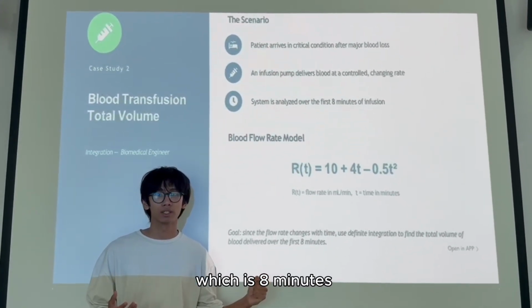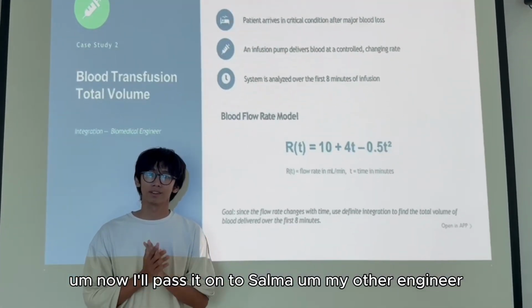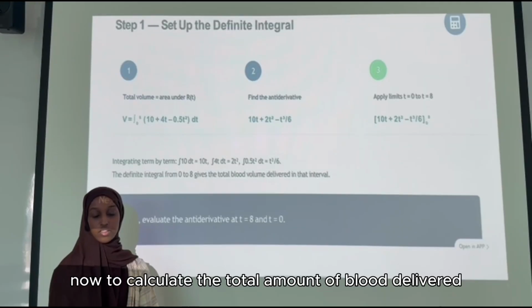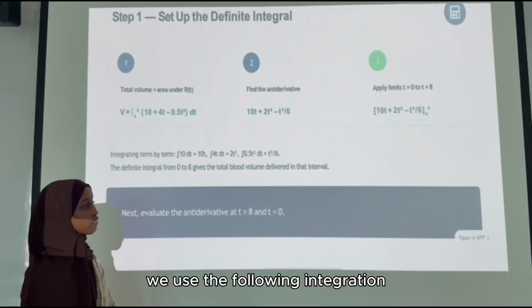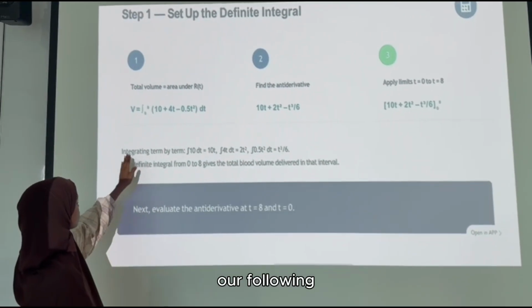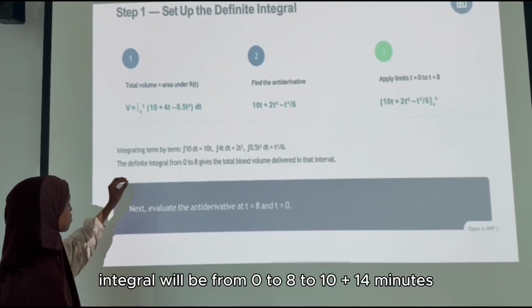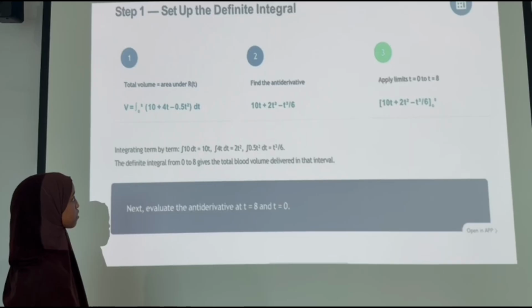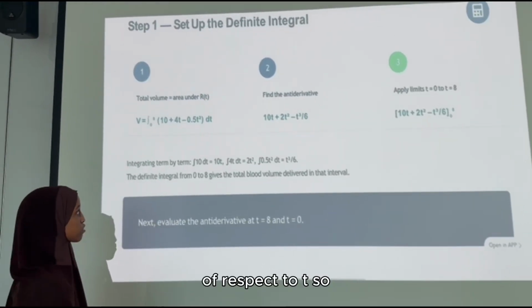Now I'll pass it on to my other engineer. To calculate the total amount of blood delivered, we use a definite integral. Our definite integral will be from 0 to 8 of 10 plus 4t minus 0.5t squared with respect to t.